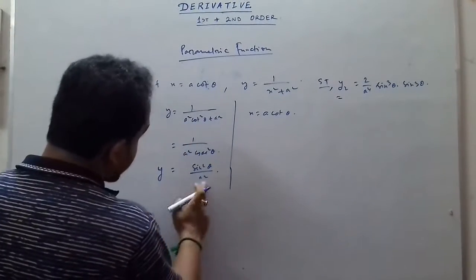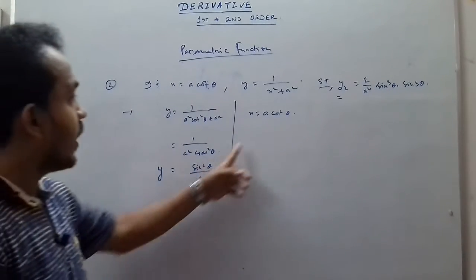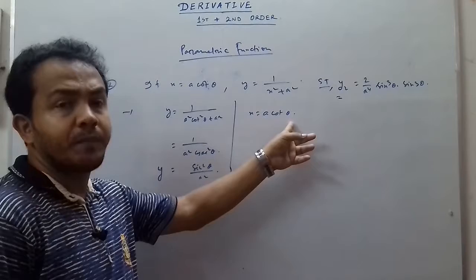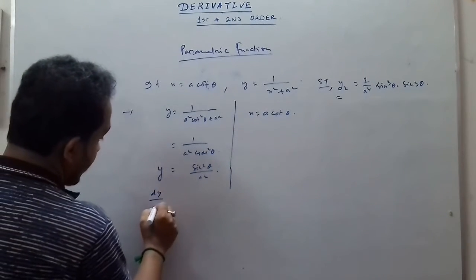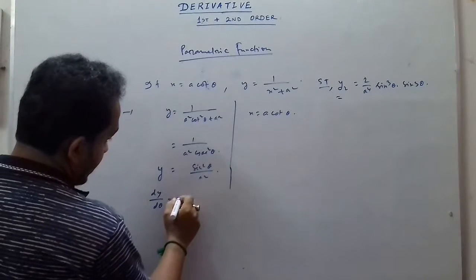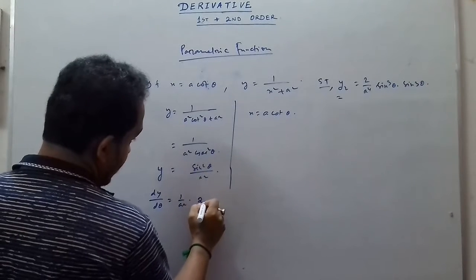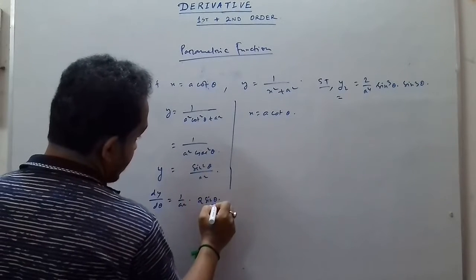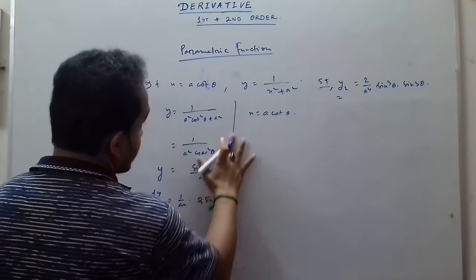Now y is a function of theta and x is a function of theta. This is a parametric form because x and y both are functions of a third parameter theta. So in this case we differentiate y with respect to theta. Since 1 over a square is a constant, the derivative of sine square theta is equal to 2 sin theta into the derivative of sin theta, which is cos theta.